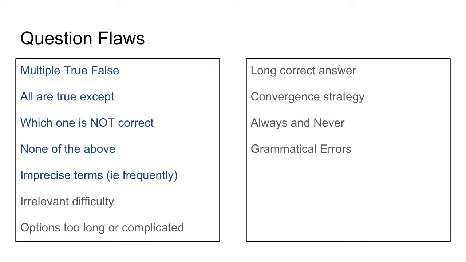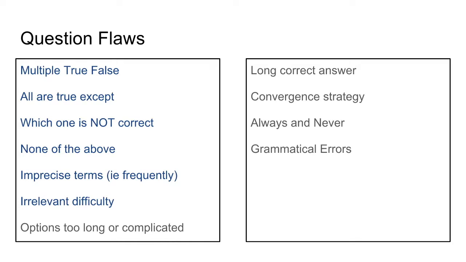These are all imprecise terms. The word frequently shouldn't be used because studies have shown that when people are asked to define how often is frequent, it ranges from 70% of the time to 20% of the time. So some people think frequent is 20% of the time. Some people think 70%. So that just doesn't make any sense. Don't use any imprecise terms. The NBME doesn't do that at all.